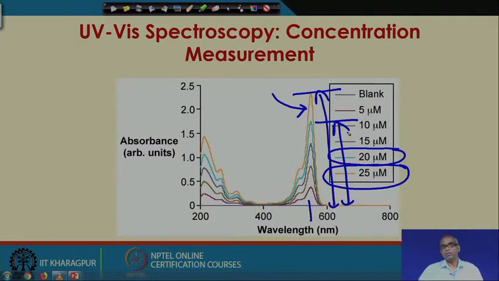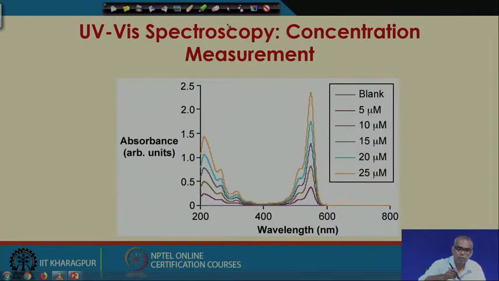So, what it means is that I can relate the peak height at a particular wavelength, and I will choose that wavelength at which maximum absorbance occurs. Let us call that lambda max. At that lambda max, the peak height can be related to the concentration of the solution. So, this information can be used to set up a calibration curve.